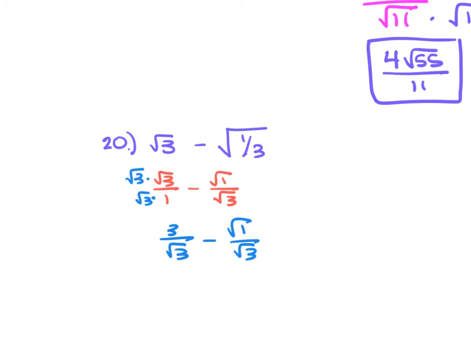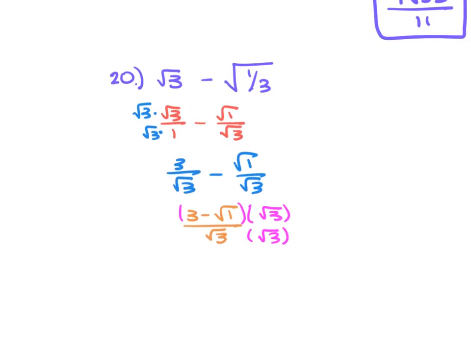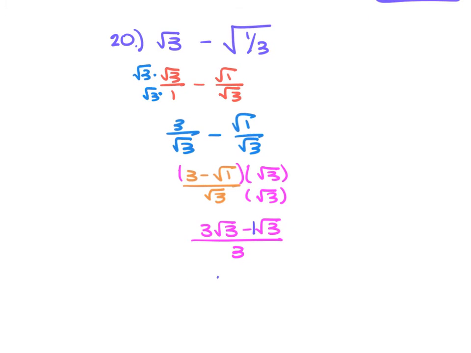So this is just going to be written as 3 minus the square root of 1 over the square root of 3. Once again, you cannot leave that denominator with the radical in it, so we're going to multiply top and bottom by the square root of 3. We're going to distribute it into our denominator to get 3 square root 3 minus the square root of 3 all over 3. That you need to simplify even further. So 3 minus 1 is 2, square root 3 over 3.